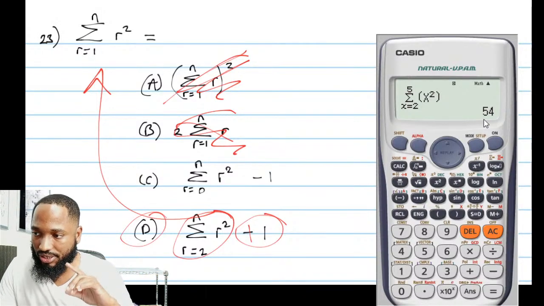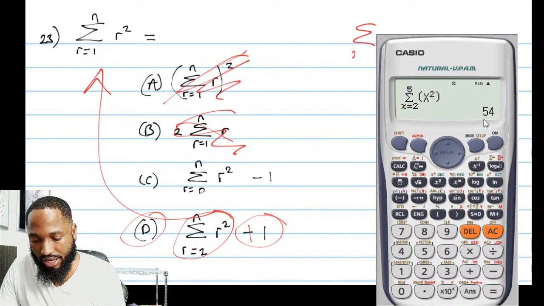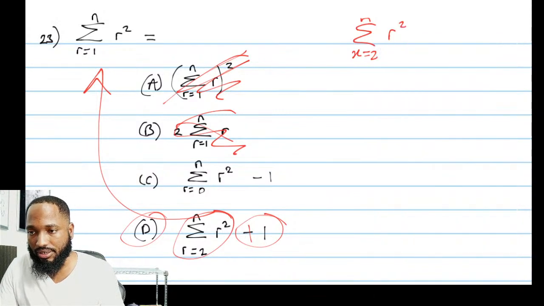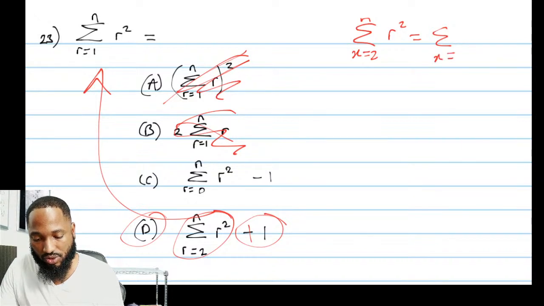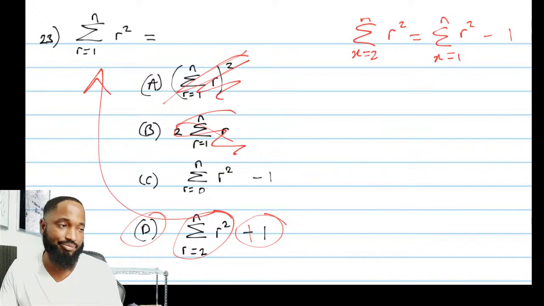But if you play around with it, like if I had the sum from 2 to n of r squared, what is that the same as? If I use the 1 and go to r squared, I just need to take back the 1 this time. Right?